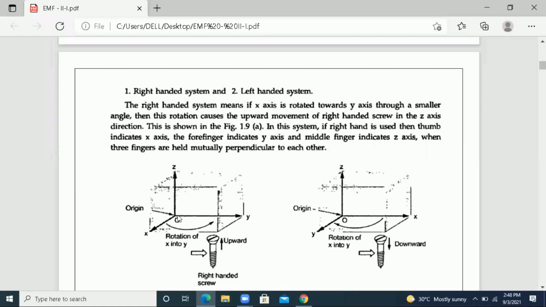The z equals 0 plane would be this plane. The y equals 0 plane would be this.